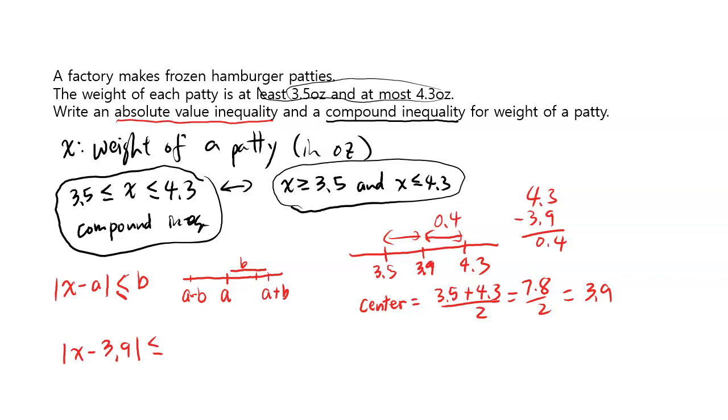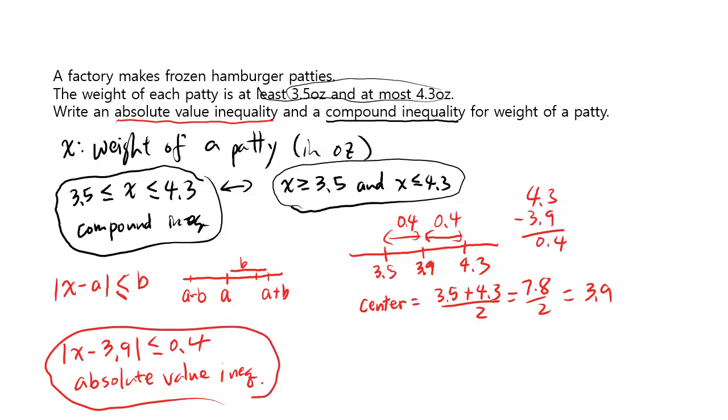If this length is 0.4, this length should also be 0.4. So we know that the absolute value inequality will be like this. So this is your absolute value inequality. These two things are the answers to the question.